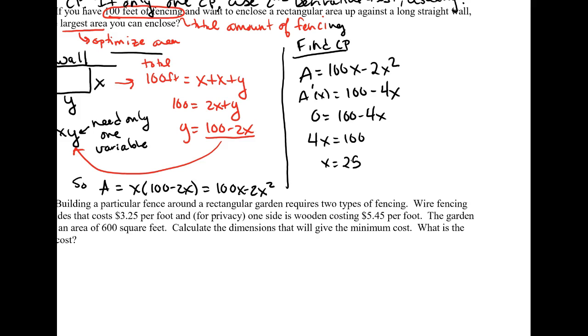Now what? Well, our first derivative was 100 minus 4x. It's pretty easy to find the second derivative, so I'm going to use that test to figure this out. Second derivative test. The second derivative, A double prime of x, would just be minus 4.